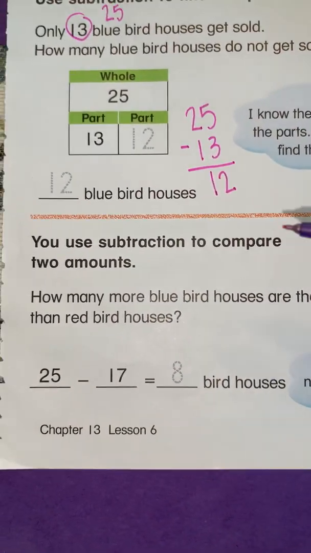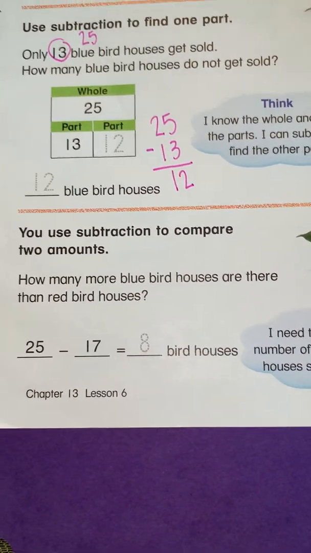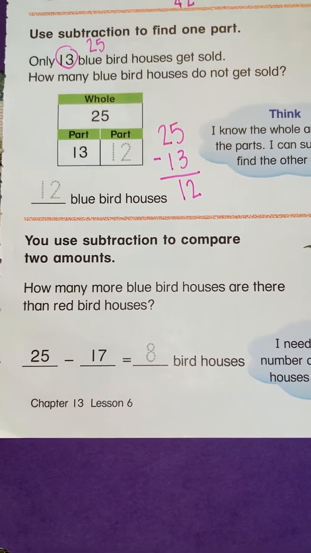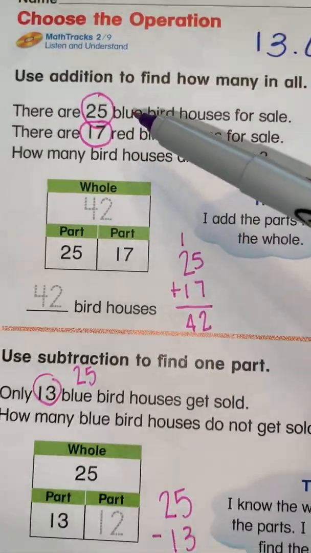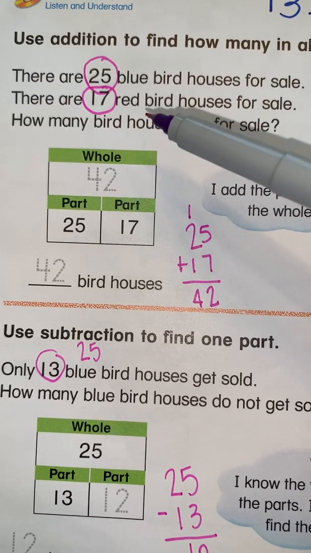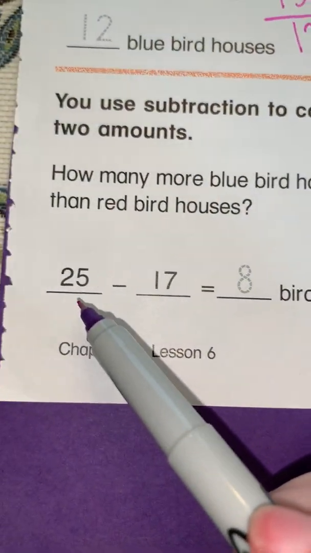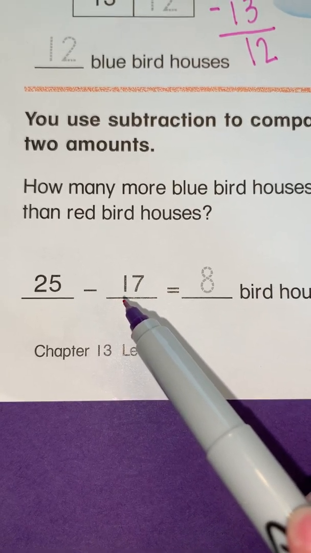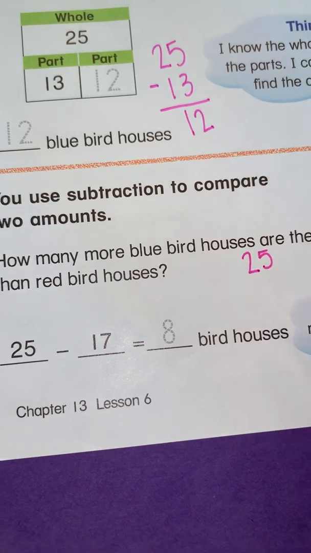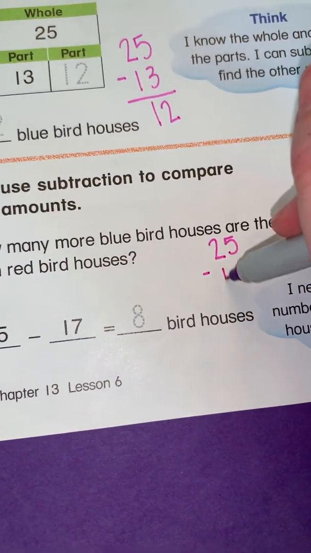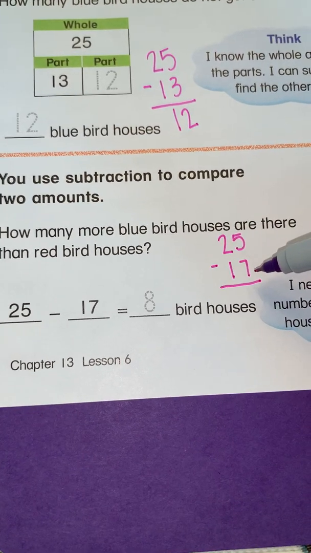We can also use subtraction to compare two amounts. How many more blue birdhouses are there than red birdhouses? So if we look back at the top, we had 25 blue and 17 red. I start with the bigger number to find the difference and subtract the smaller number. 5 minus 7.